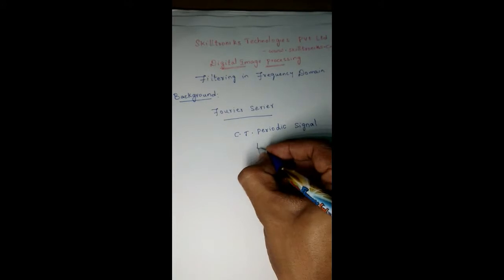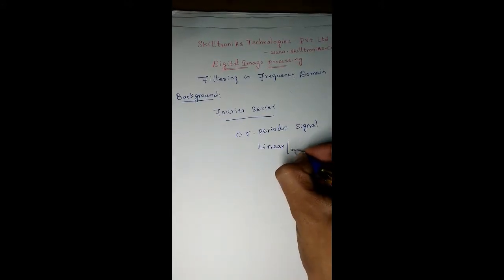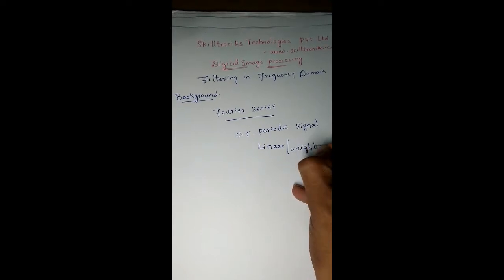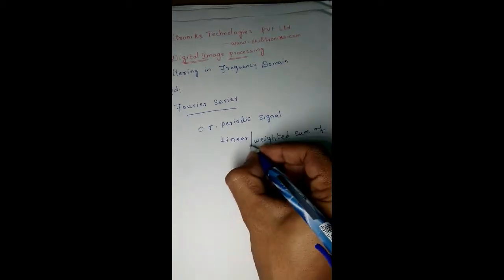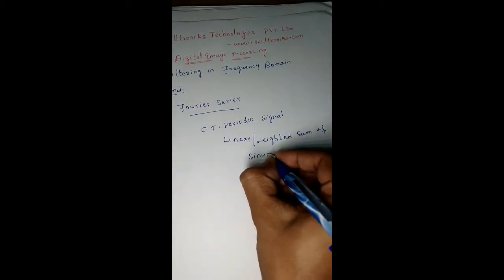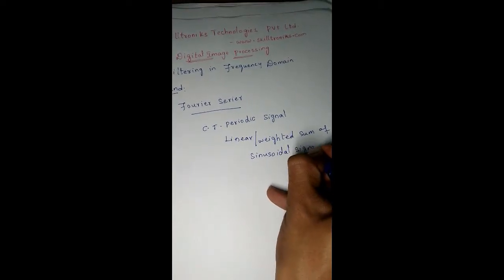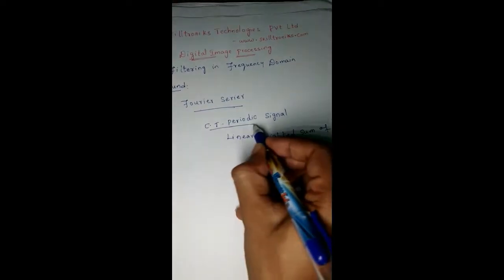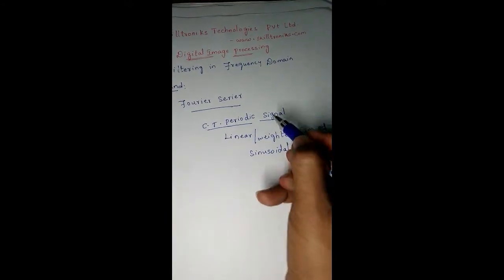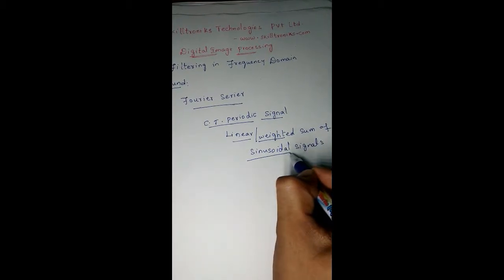as a linear sum, or weighted sum, of sinusoidal signals. That is, using Fourier series, we can express any continuous time periodic signal as a linear sum of or weighted sum of sinusoidal signals.